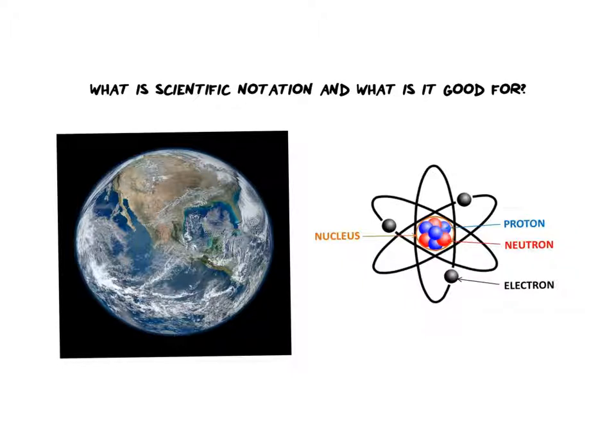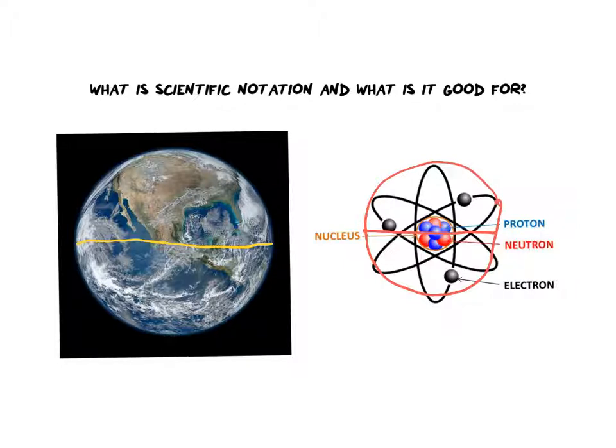So this here would be the diameter of the Earth. And if this proton or atom was round, let's pretend it's round, this diameter here would be really, really small. So trying to talk about the difference between those two sizes would be crazy, okay?